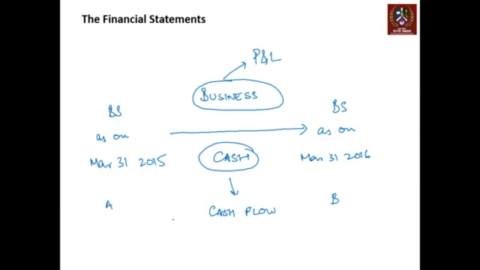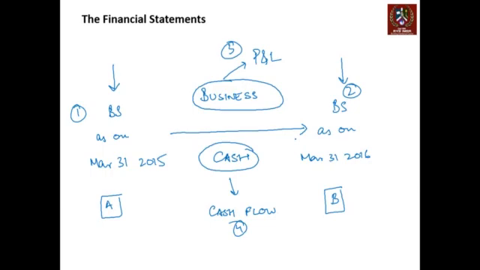So cash flow is from point A to point B. P&L is from point A to point B, but balance sheet is both on point A and point B. So you have basically one financial statement, two financial statements, three financial statements, and you have four. Four here because two are the balance sheet itself, right? Given any three, you can calculate the fourth because that would appear in the confluence of these three financial statements.